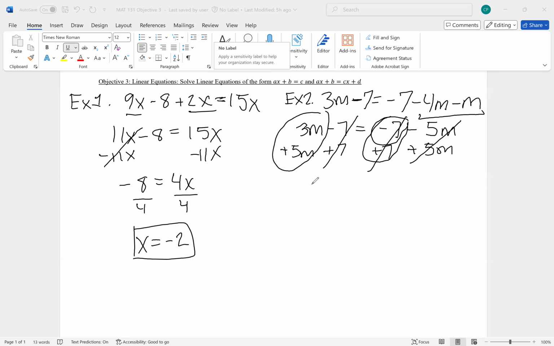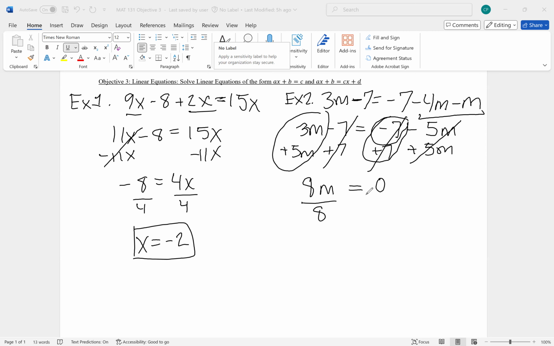So when that happens, on the left side of our equal sign, we got 8m, and on the right side, we have 0. This does not always happen, but in case it does, this is what you should do, okay? So if everything cancels out on a particular side, it's now 0 over there, and we continue the problem as usual.